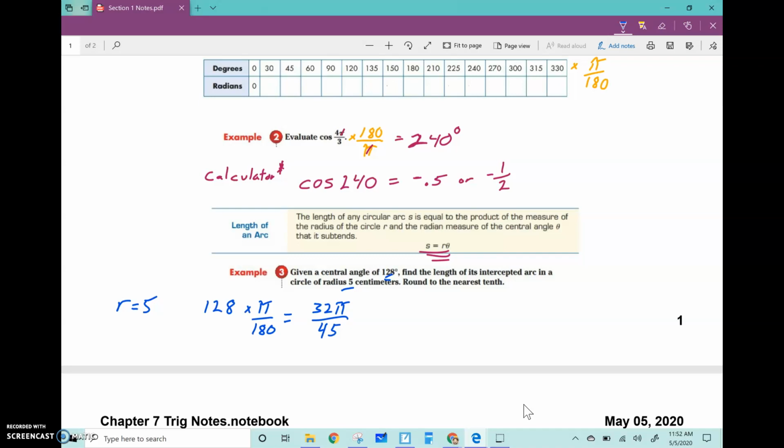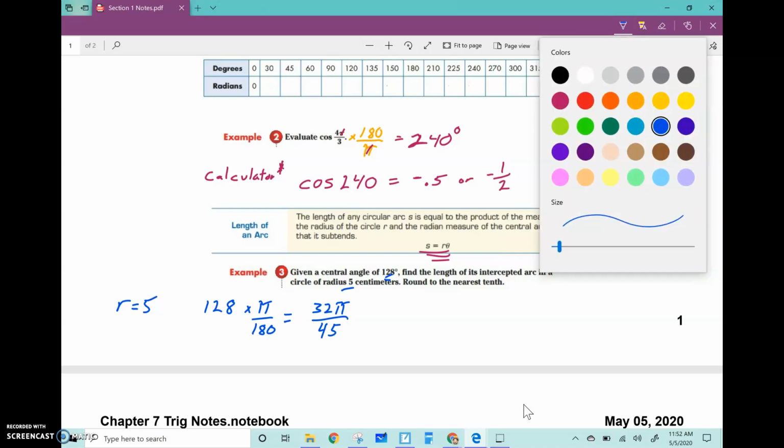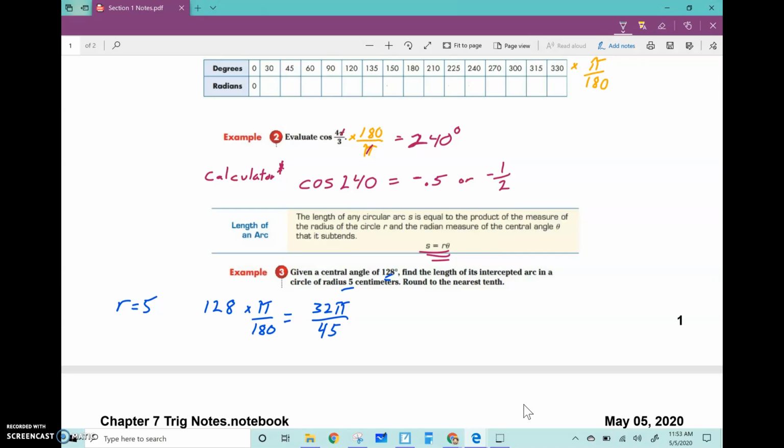All right. When we're doing the length of an arc, we're using the radians. So our formula is going to be this. We're going to say S equals R times that angle. So it's going to be 5 times 32 pi over 45, and you can put this all in a calculator.